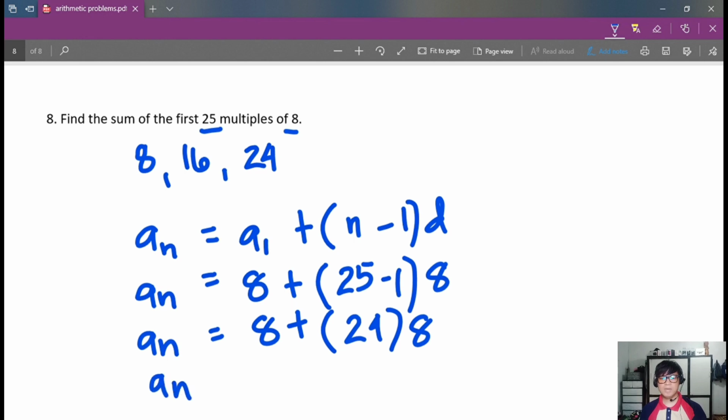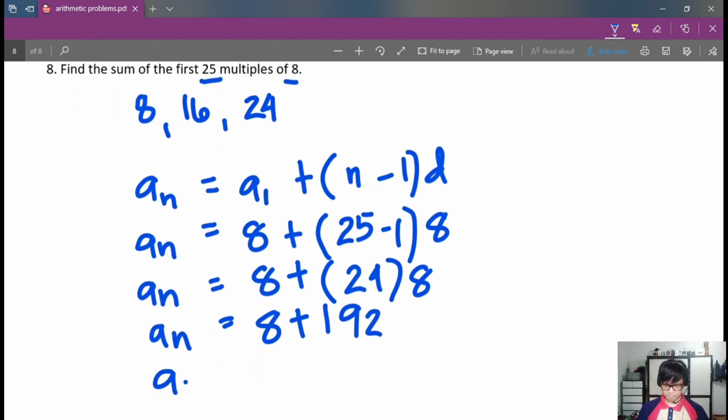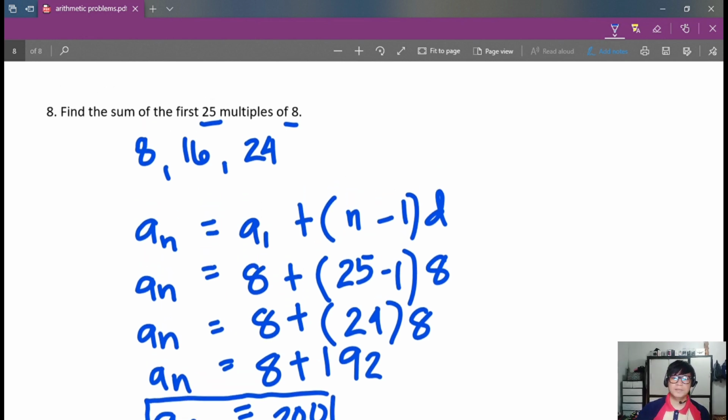So, a sub n is equal to 8 plus, I need a calculator here so we don't have to think. 24 times 8 is 192. So, a sub n is equal to 8 plus 192, which is 200. So, this is our 25th term.